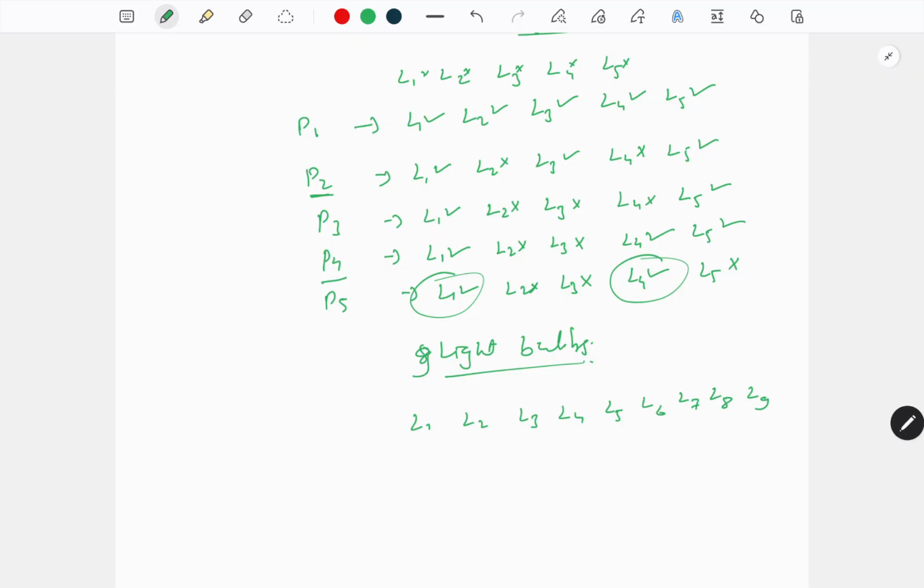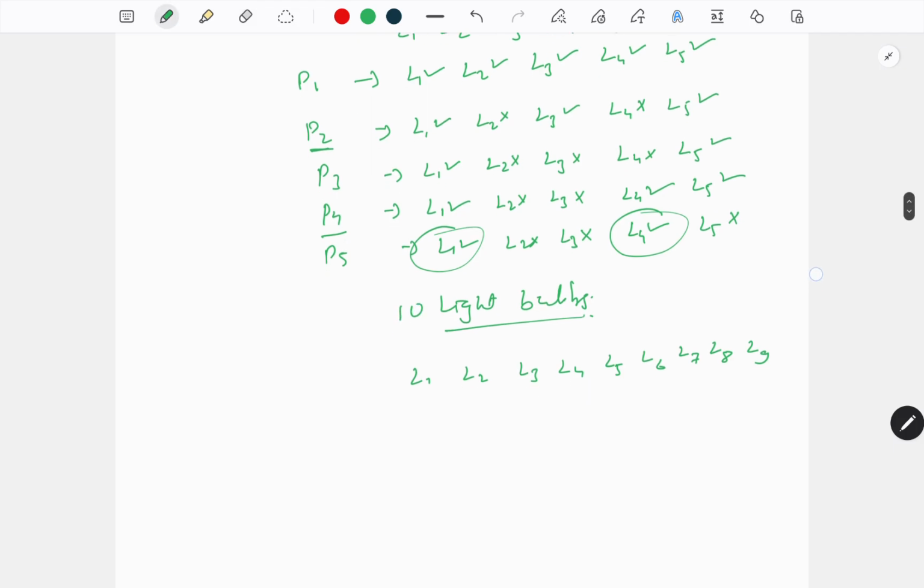No, let's try 9 light bulbs, or actually 10. The numbers are too close, so let's try with 10 light bulbs.